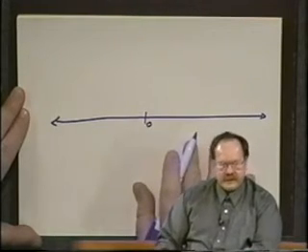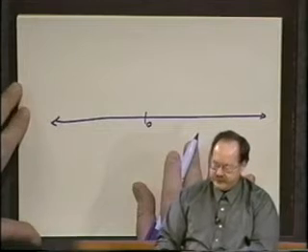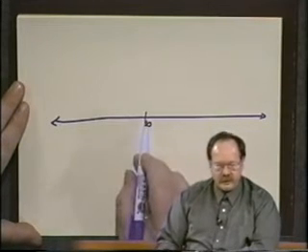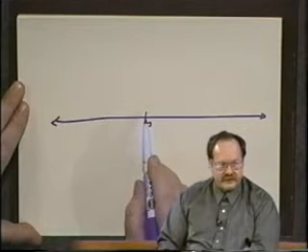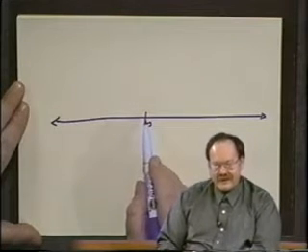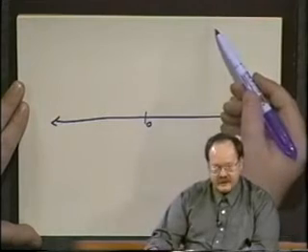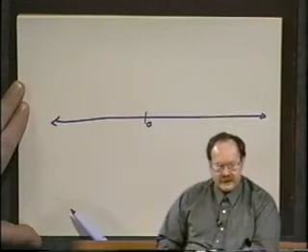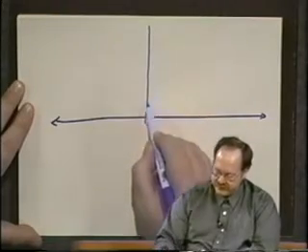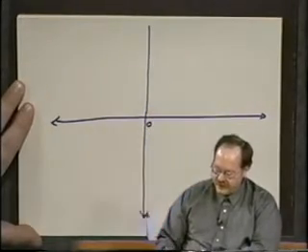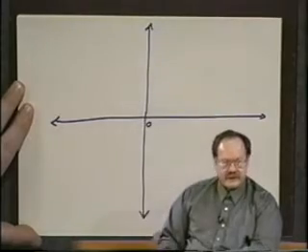And I won't draw in the other numbers right now, but you know that they're there. And then I will erect another real number line at some angle to this. Now it doesn't matter what angle I use. I could have the second axis be at an angle like this. I won't because the convention is to put it at right angles. But theoretically it makes no difference.